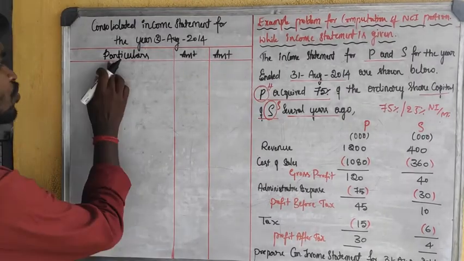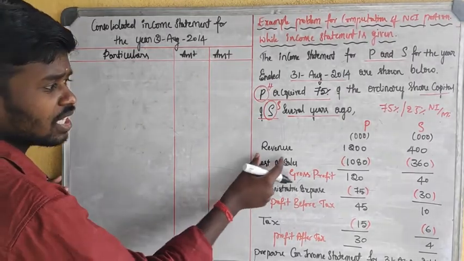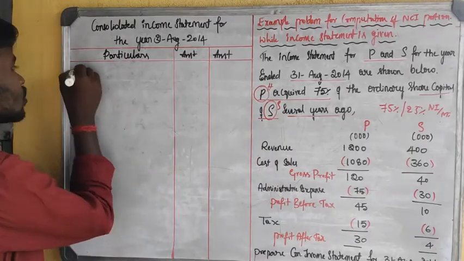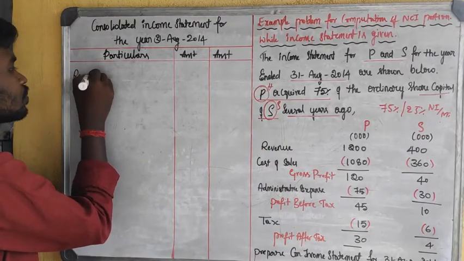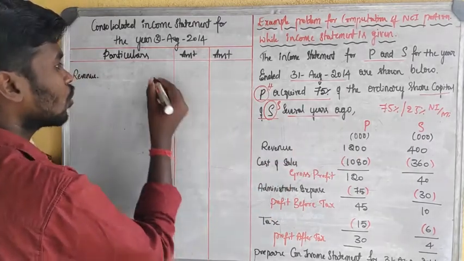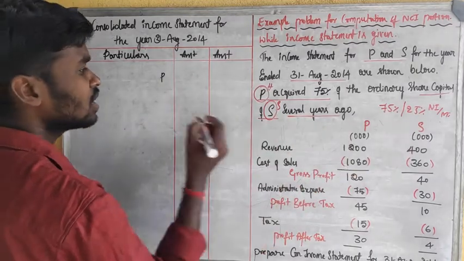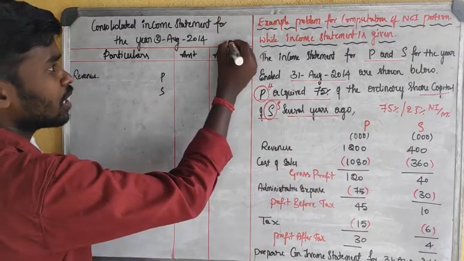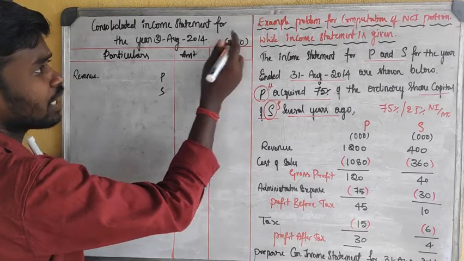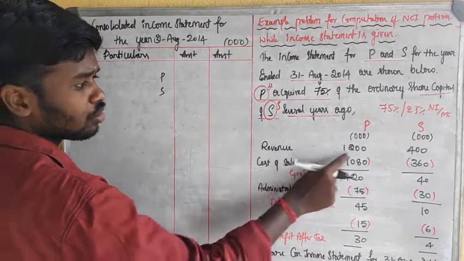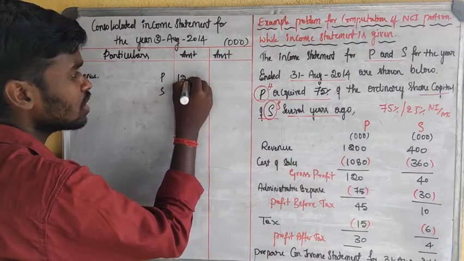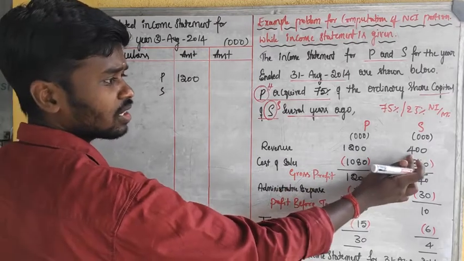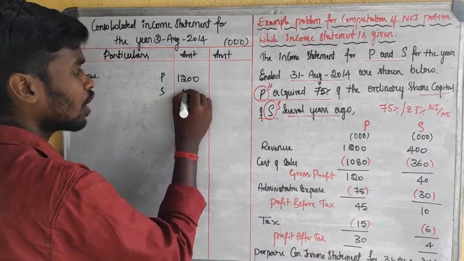Okay, see particulars. First, what they have given is revenue, right? So revenue of P Limited and S Limited. The amounts are given in thousands. So see, revenue of P Limited is 1200 and S Limited is 400.